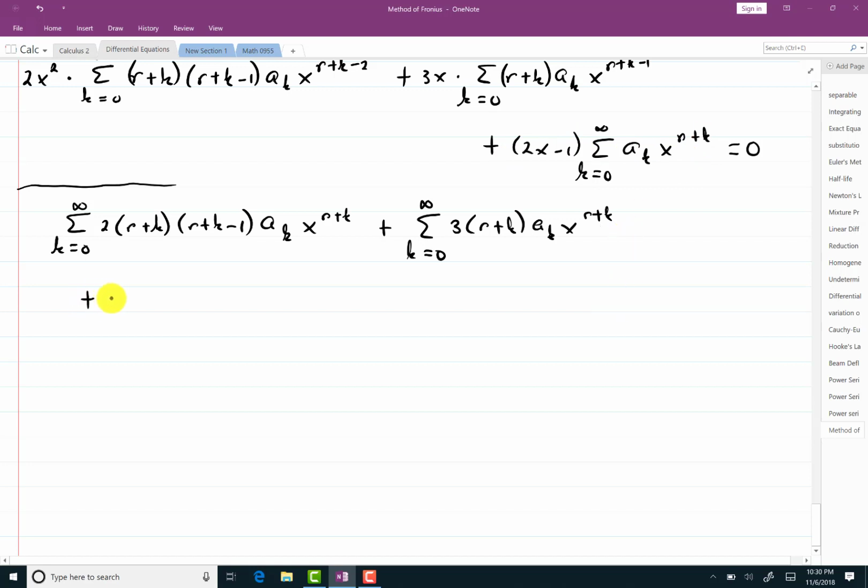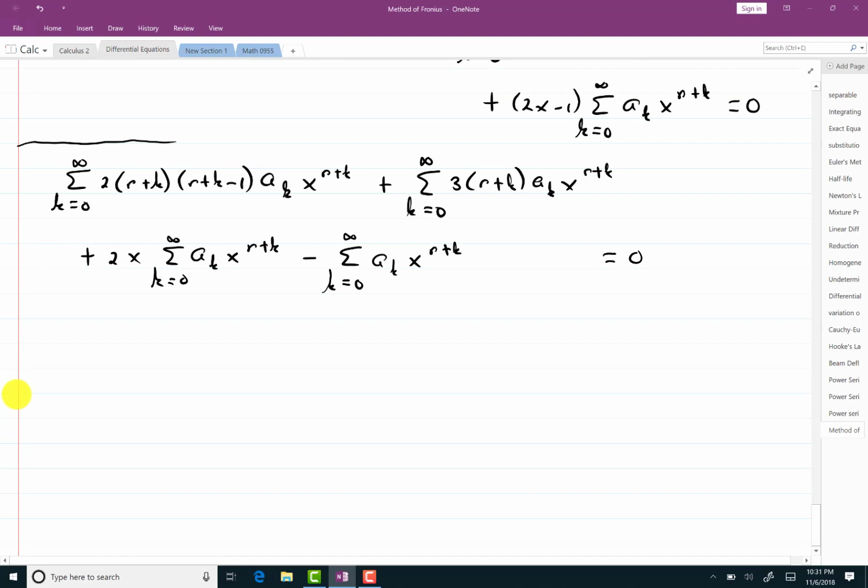So I'll have plus 2x times the sum k equals 0 to infinity a sub k x to the r plus k, minus the summation k equals 0 to infinity a sub k x to the r plus k, and all that stuff equals 0. Now before I yank my x to the r out, I'm going to pull the 2x through on this second to the last series.